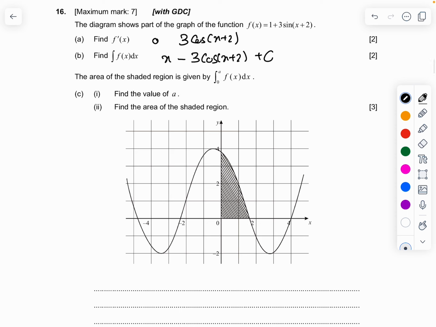So integral from 0 to a of f of x. What is f of x? f of x is 1 plus 3 sine of x plus 2 dx, equals this area, which has been given. We have to find it out and find the value of a.